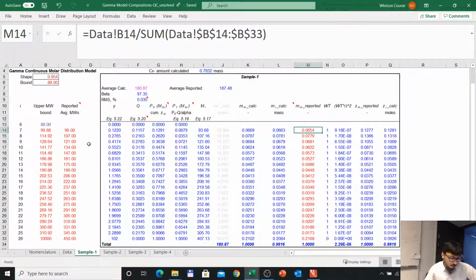So these are for C7 plus fractions, and that's something that was the topic here. When we introduced the topic, we said we will be doing the QC of the CN plus distribution, the mass distribution of the flash oil. So that's why here we are doing the QC of the C7 plus data.